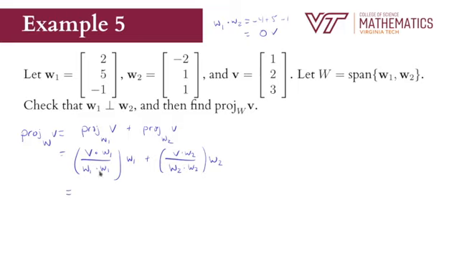Okay, so let's look at these dot products. V dot W1 is going to be 2 plus 10 minus 3. W1 with itself is going to be 4 plus 25 plus 1.